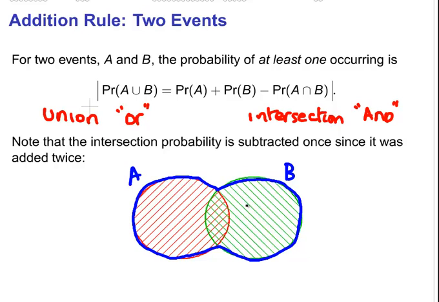Now A intersection B is this area here, and it's been counted twice. So the point of subtracting the probability of A intersection B is to stop it getting counted twice. It's as simple as that, really.